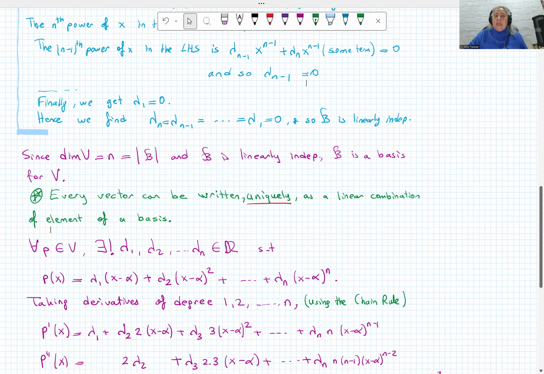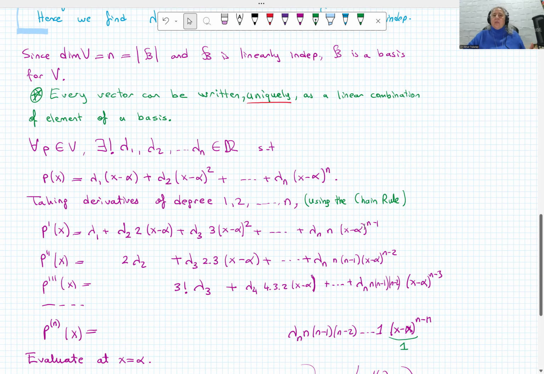This means for each polynomial p in the vector space V, there exist unique coefficients lambda 1, lambda 2, lambda n, such that I can write this vector as a linear combination of the basis elements. So this green fact is what I'm using here.